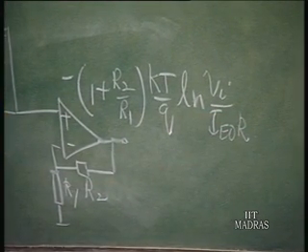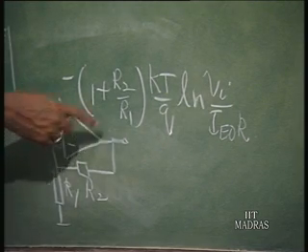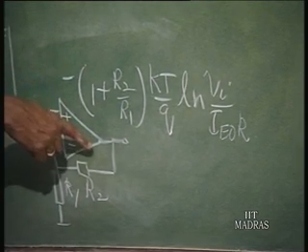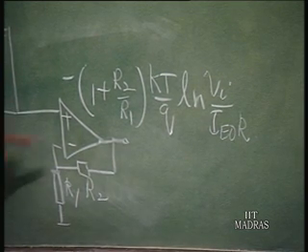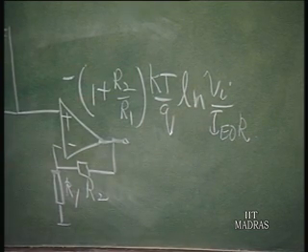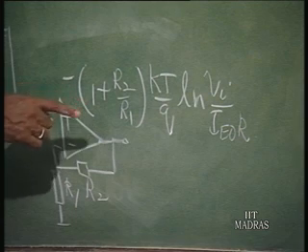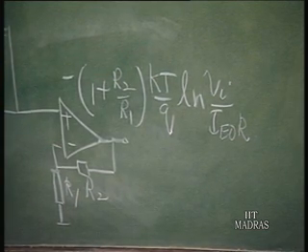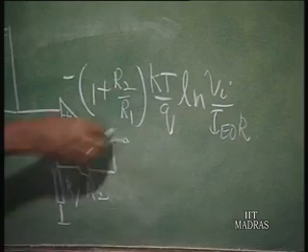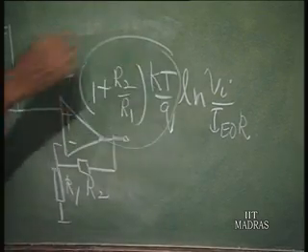Now, by putting a thermistor in this R1 R2 network, I can get, over the required range of variation of temperature, this linear variation compensated, so that this entire thing can be made temperature independent.